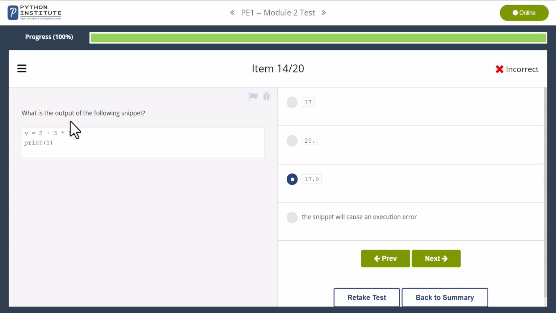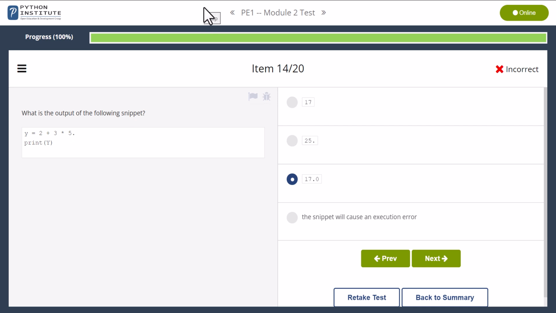I think that's probably wrong on my side. 5 point is not a valid float, I think. 5.0 would be a valid float, and 5 point is not. So this is 2 plus 3, and this will just throw an error. So just this line.